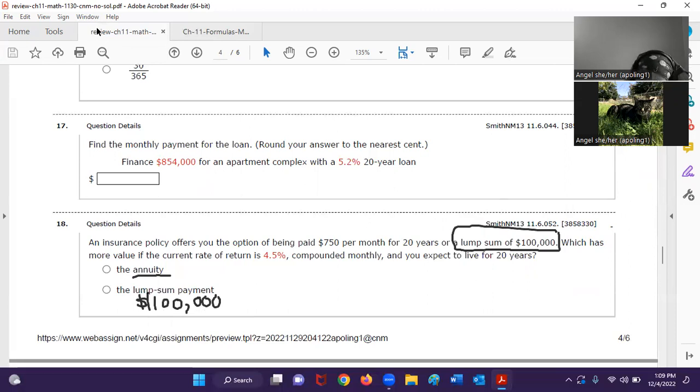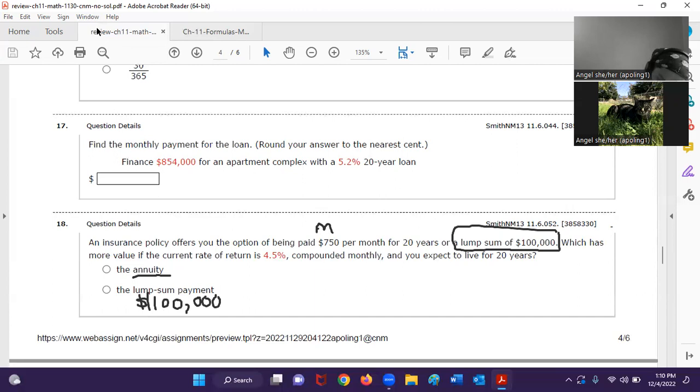An insurance policy offers you the option of being paid the monthly payment of $750 for 20 years or the lump sum of $100,000. Which has more value if the current rate of return is 4.5% compounded monthly?